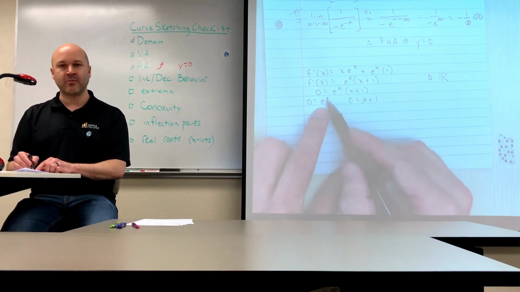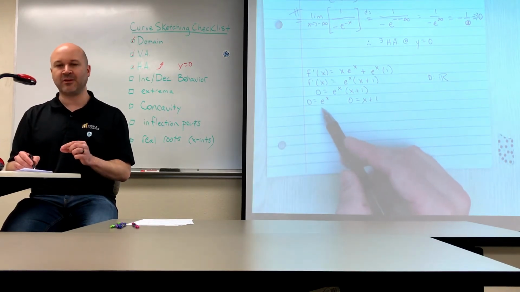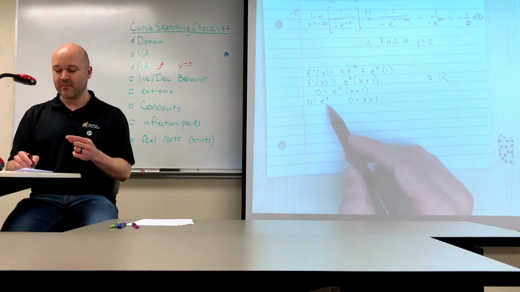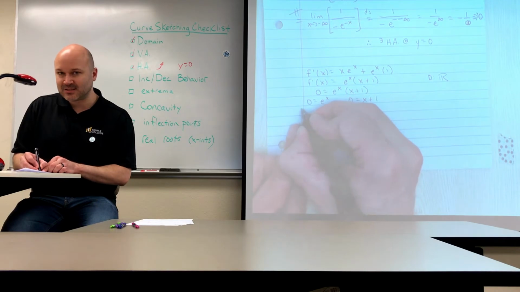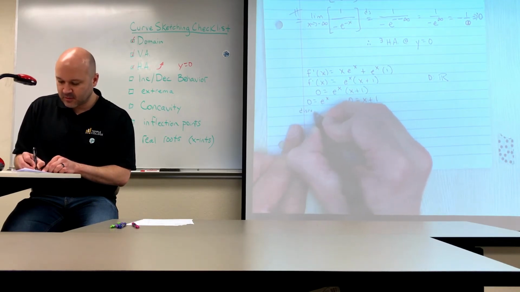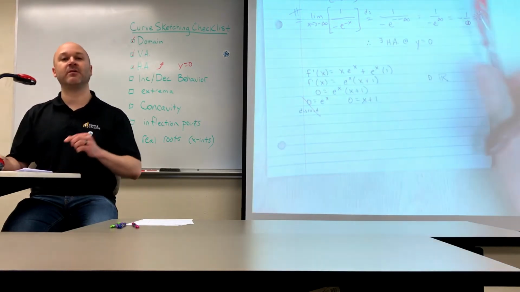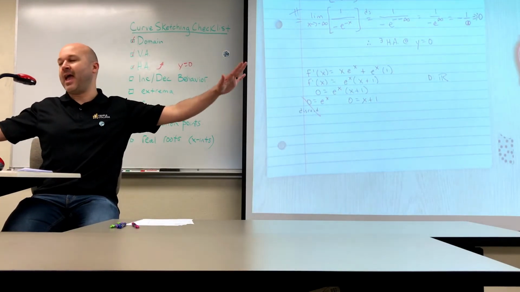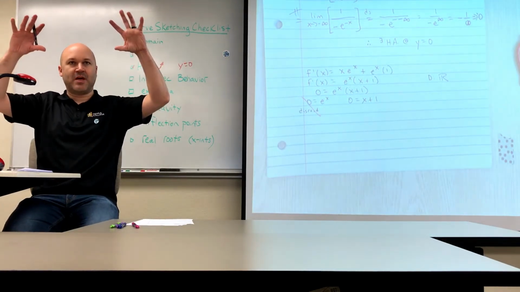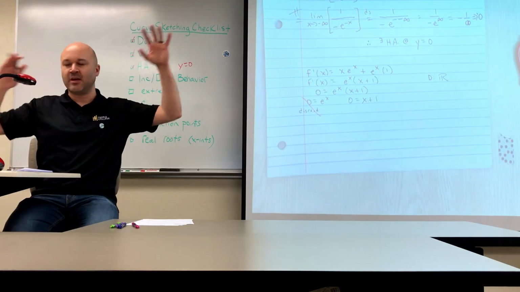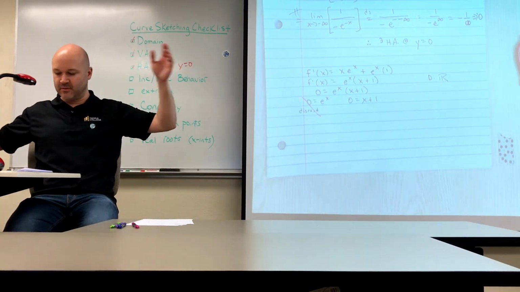If I plug in negative numbers, I get a small number. If I plug in 0, I get 1. If I plug in a big number, I just get a big number. I'm just going to discard this. Exponentials are famous for their shape, and without a vertical shift, that thing will never touch 0.